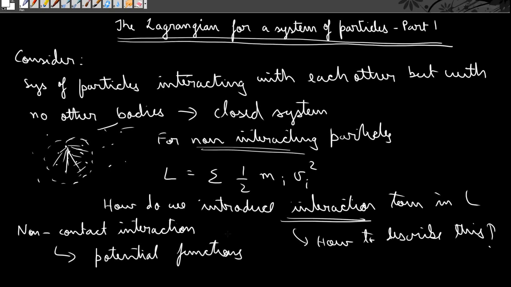So these action at a distance forces like gravity or Coulombic forces are always dependent on the position of all the particles. They are not dependent on the velocity or acceleration and so on. They are just dependent on the position. So this is going to be just a function of the positions of all the individual particles.